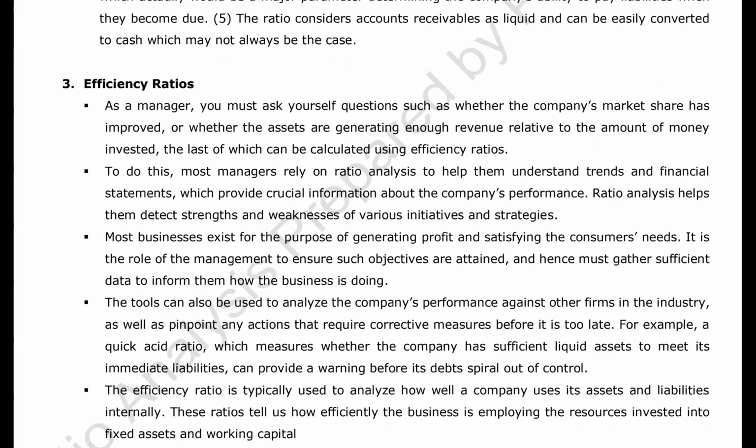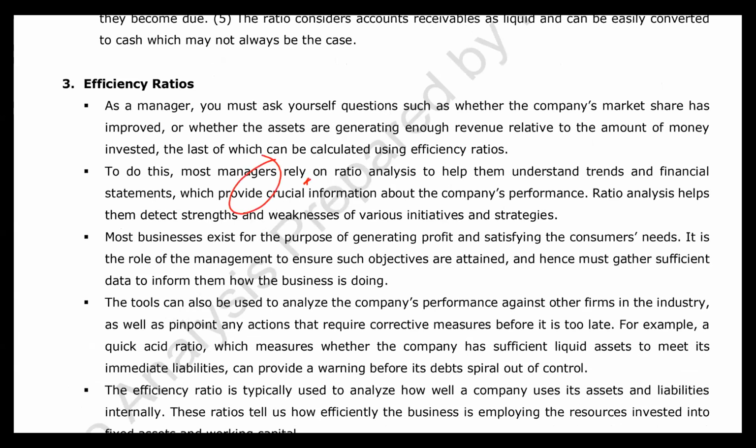Before I comment on the efficiency ratios, I call for any question. Is there any question? Sir, you just mentioned that never have 0 point something. Yes, it should never be less than 1. It should not be maybe 0.7 to 1.